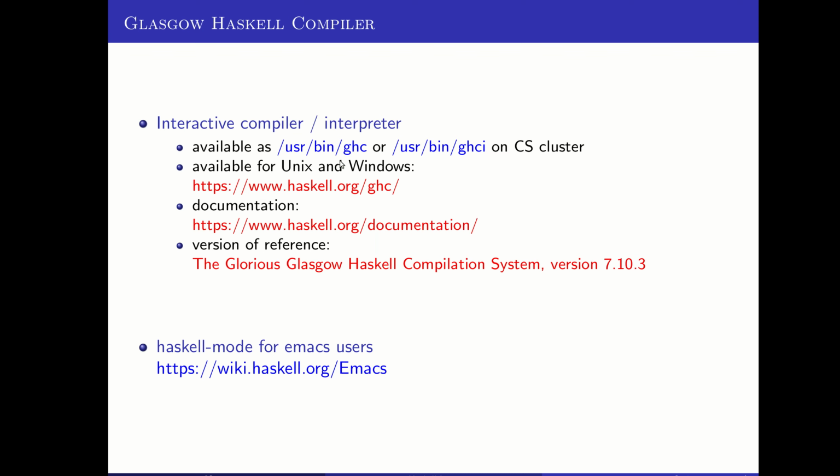We'll sort of be able to mix some of these two, but for the most part, you can view them as two separate things. Compile your program and run it with GHC. Get something that's interpretive and interactive with GHCi.